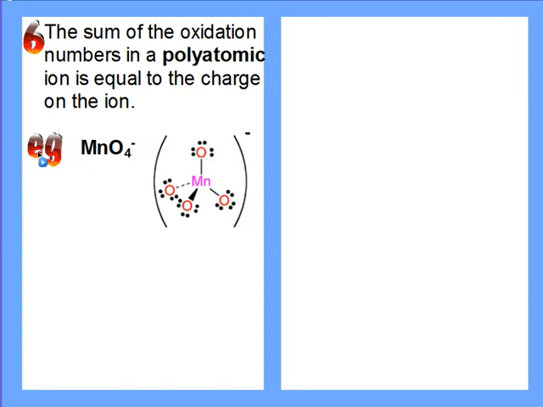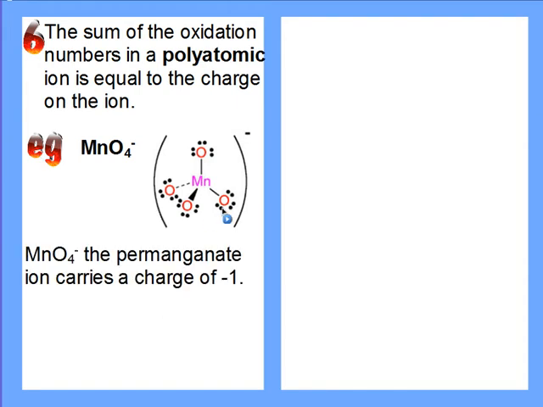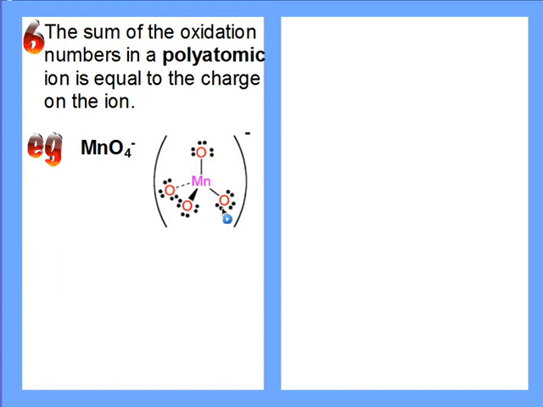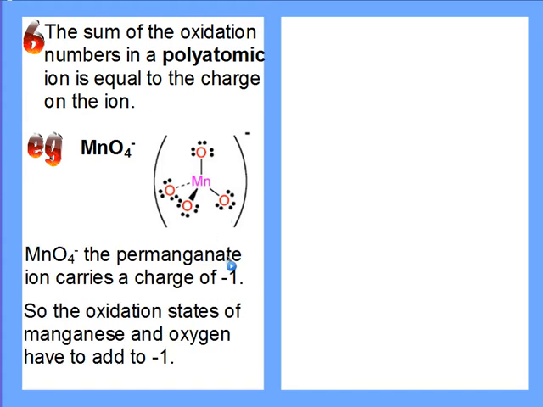For example, permanganate, MnO4-. Now this ion has a -1 charge. So the oxidation states of the manganese and oxygen have to add up to -1.